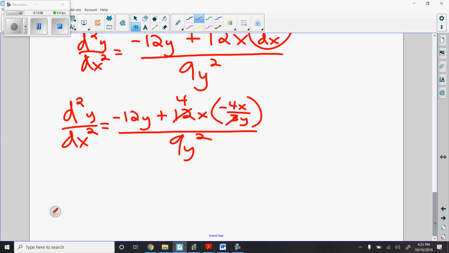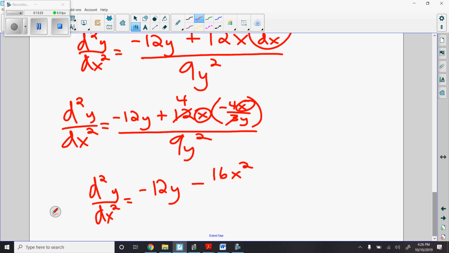So cleaning up this top, I'm going to get negative 12y, minus 16x squared. So I have an x times an x, a negative 4 times a 4. Over y, I still have y in my denominator, over 9y squared.